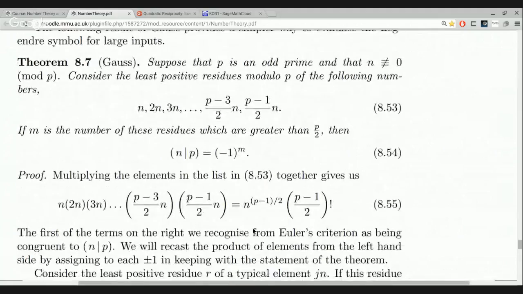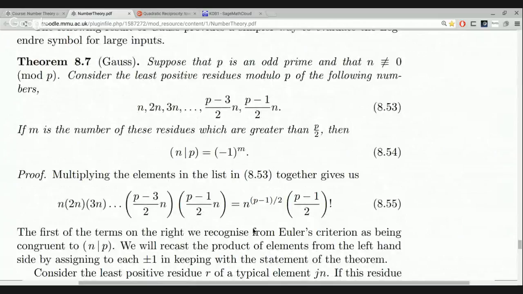And this is a theorem of Gauss. Again, we see this as another way of evaluating the Legendre symbol. At the moment, we've got Euler's criterion. Well, the very first way you have of evaluating the Legendre symbol is trial and error. Go through all of the congruence classes modulo p, take all the possible y's, square them, and see if you ever arrive at n modulo p.